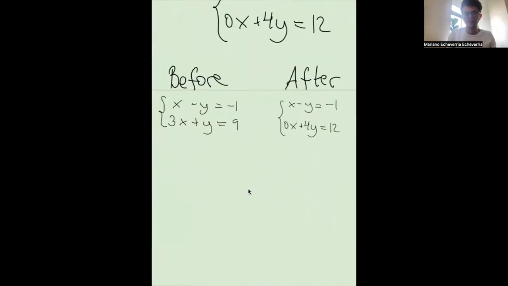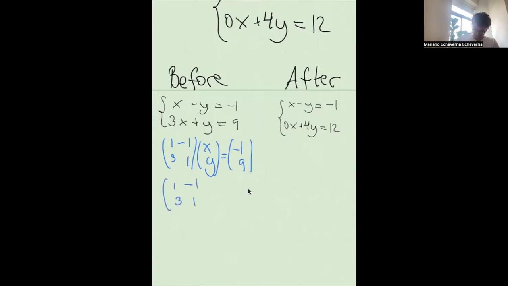So how does this look in terms of the matrices? Well, this one looked like 1, -1, 3, 1 times x, y equals -1, 9. But as I have been saying, x, y is kind of annoying, so you can just put a vertical line instead. Okay, so the before looks like that, and the after version looks like 1, -1, 0, 4, -1, 12.